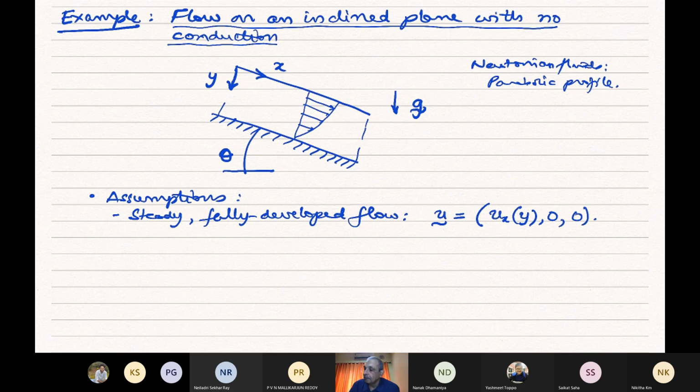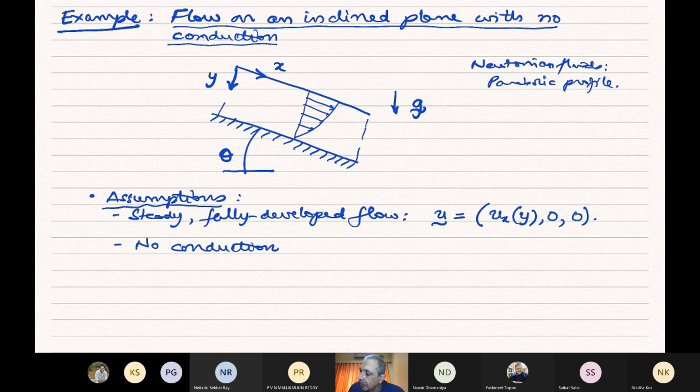So this is one assumption. The second assumption we'll make is that there is no conduction, so that in the energy balance equation, the conduction term will be put to 0. So these are the two major assumptions that we will make.